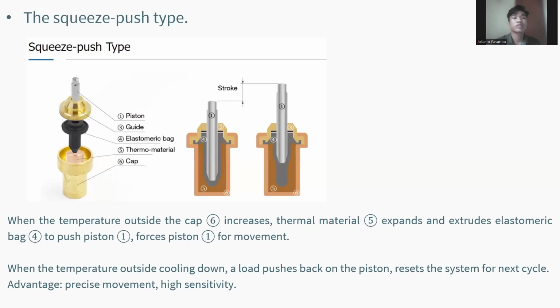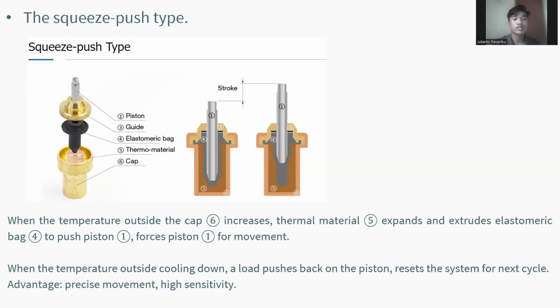The category number 2 is called the squeeze push type. We can see the picture is different from picture number 1. In this picture, number 1 is piston, number 3 is guide, number 4 is elastomeric bag, number 5 is thermal material, and number 6 is cap.